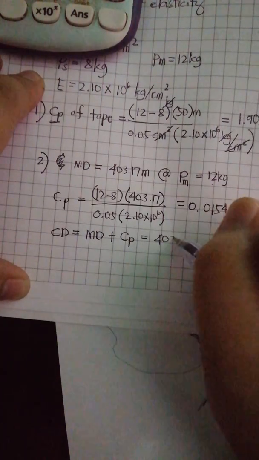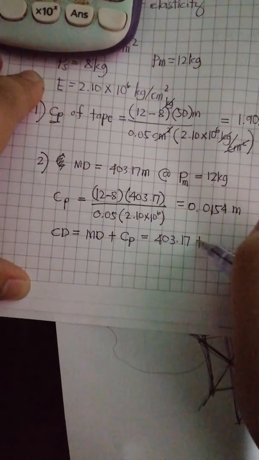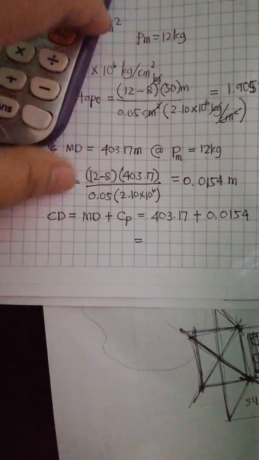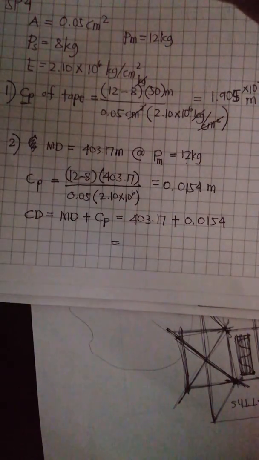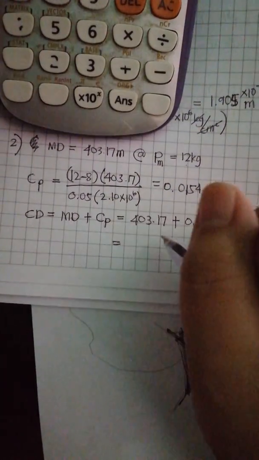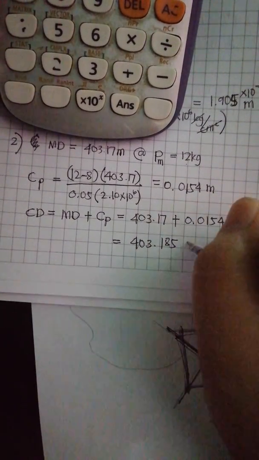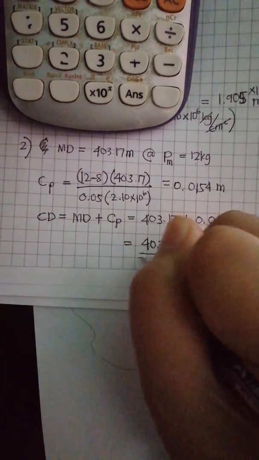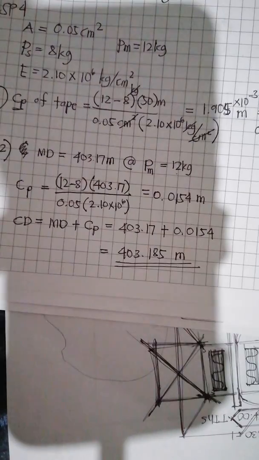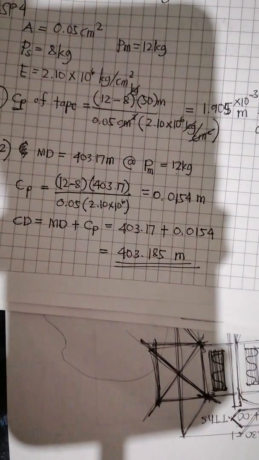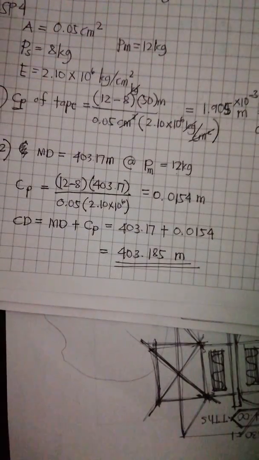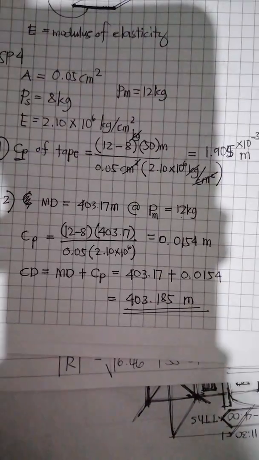So, 403.17 plus 0.0154, or we have 403.185 meters. So, this is the correct distance corrected due to incorrect pull.